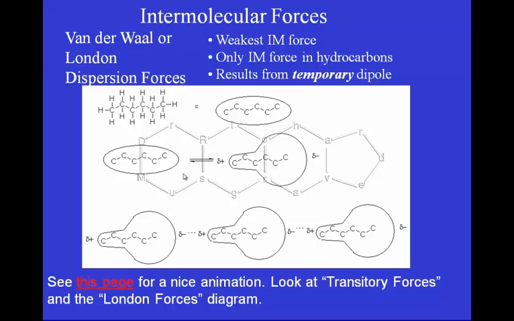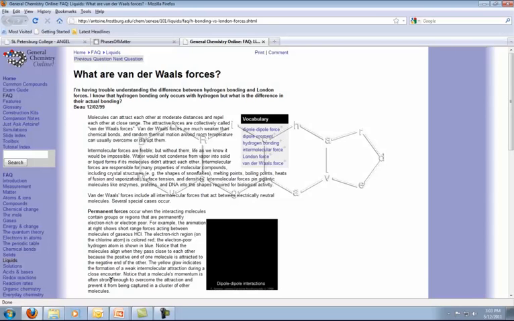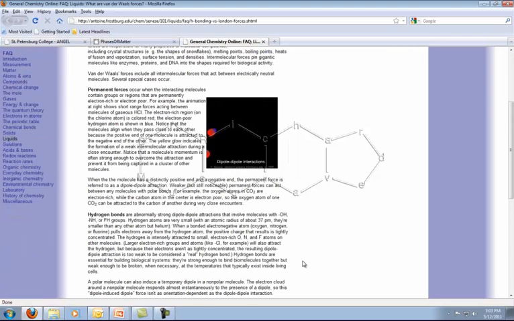And what's going to happen is those electrons are going to move from one side to the other. And the double arrow here is indicating that that's what's happening, it's moving to one side and then it's moving back to a situation where there is no polarity, or it can move the other way. So you can see this illustrated in this diagram here. Alright, so this is a really nice interpretation of van der Waals forces.